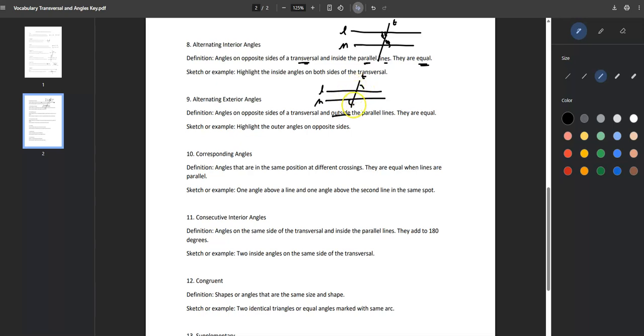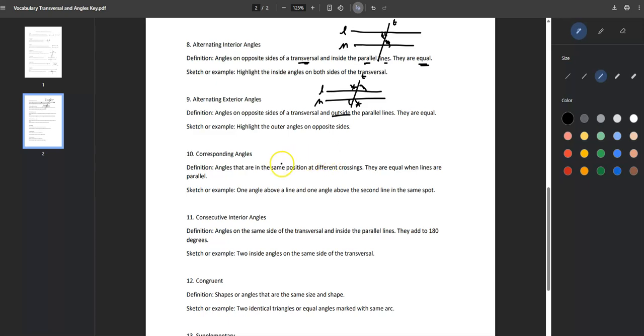So they're on opposite sides of the transversal and they're outside. So interior is inside of the two lines, exterior is on the outside of the two lines, the L and M. Okay? And again, yes, it could be these two with the X's in them too. Those could be alternating exterior angles. So you need to be able to identify them right now more than anything else.